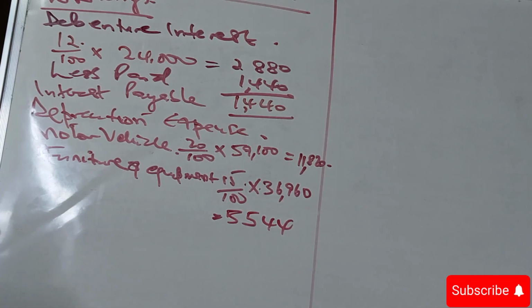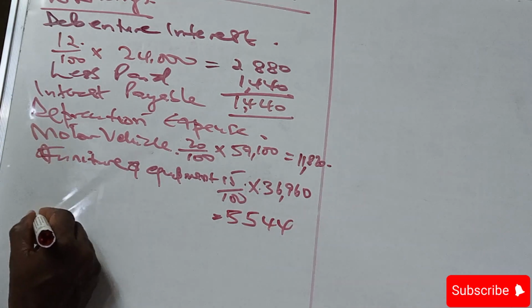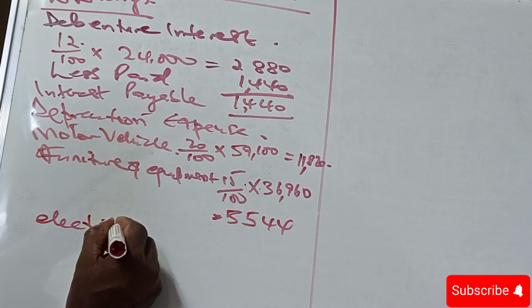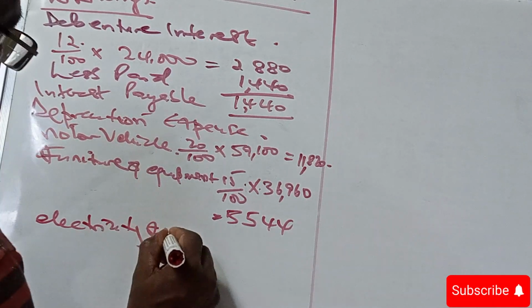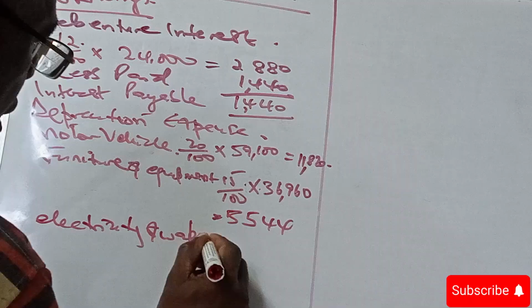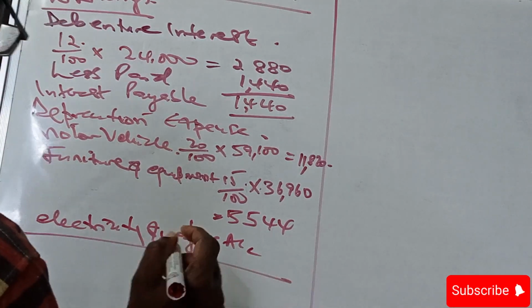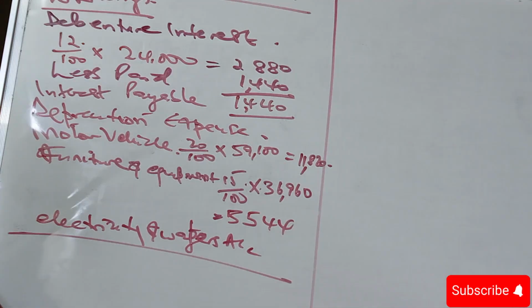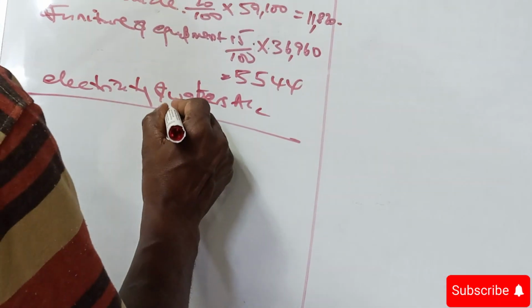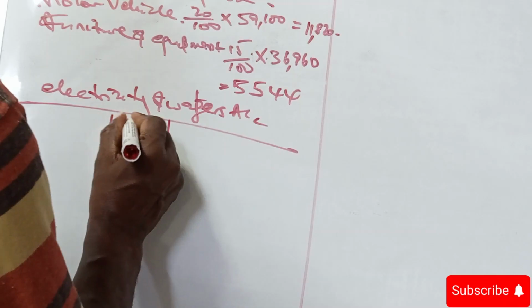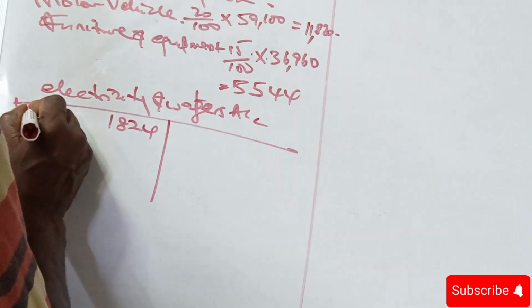So our electricity and water, how much have we paid of electricity and water? We had paid electricity and water amounting to 1824, balance per TB.